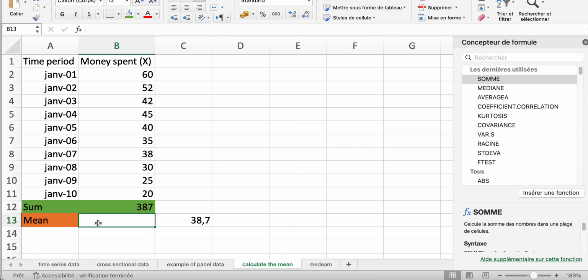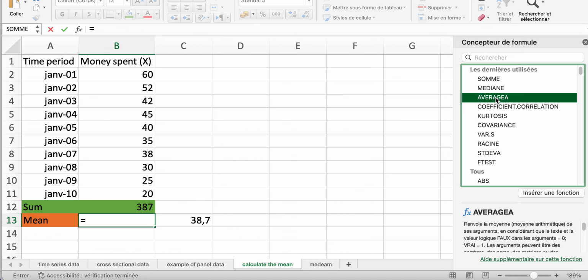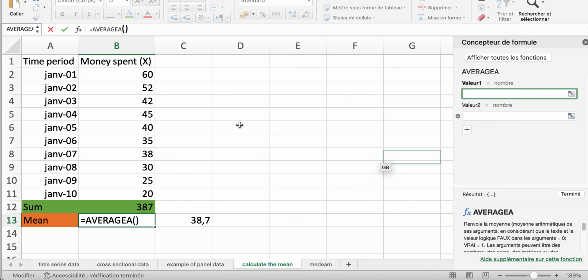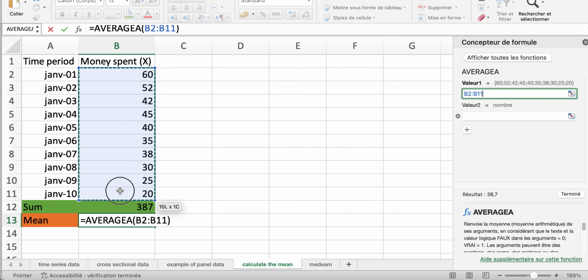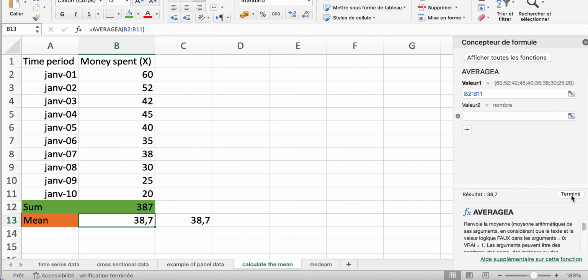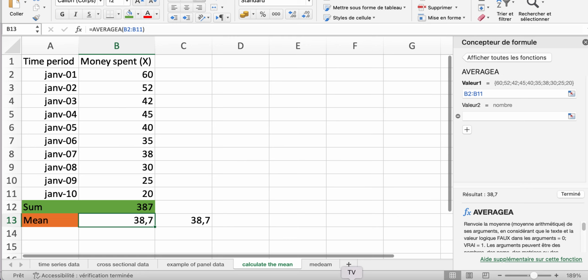We just type equal, then go to function, choose average, insert a function, then select all the values of the data set, then press OK or enter. Here we go, we have 38.7. So the average, or the mean, of the money spent by this individual is 38.7.